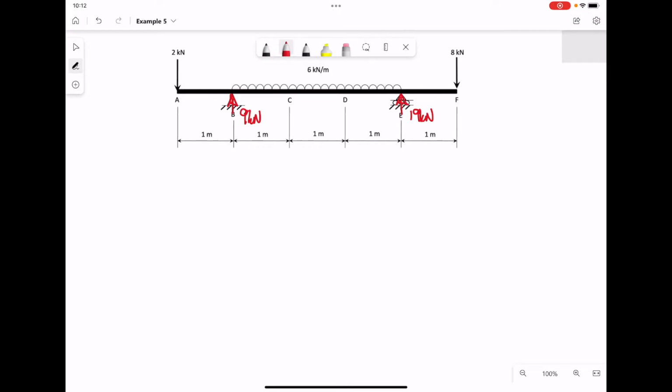Now to draw the first of the two diagrams, the shear force diagram, we're going to draw in some construction lines. So it will show us where the beam starts and ends, and where the supports are. So we'll draw these construction lines in.